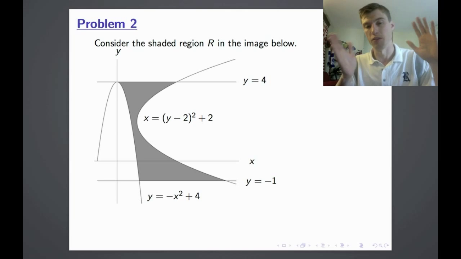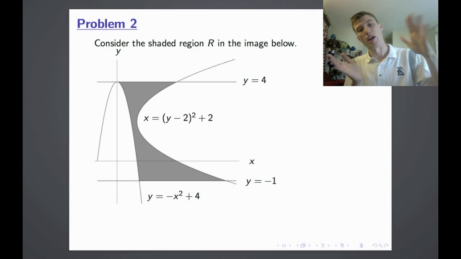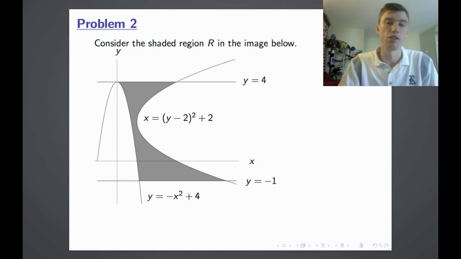For example, if you look at it with respect to y, then you will have one region. You have a clearly defined top function and a clearly defined bottom function. However, it's unclear what your top and bottom function should be if you want to integrate with respect to x.